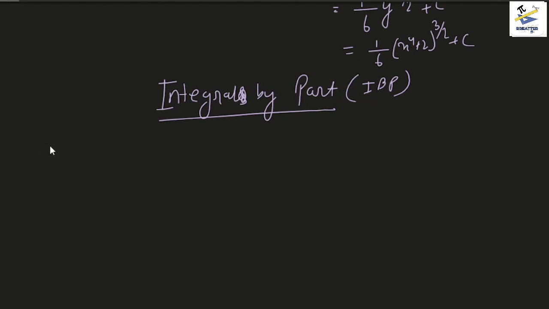As the name suggests, it is a rule to find integrals of the form where you have two functions, f(x) into g(x) dx. What we do here is we label the functions as function 1 or function 2, and once we do that, we have an easier rule to find the integral in terms of another integral, which might be easier to solve.